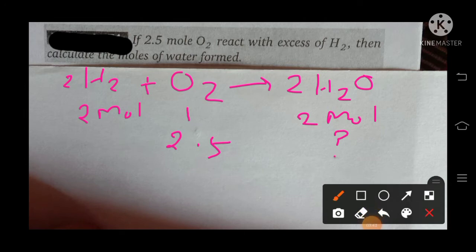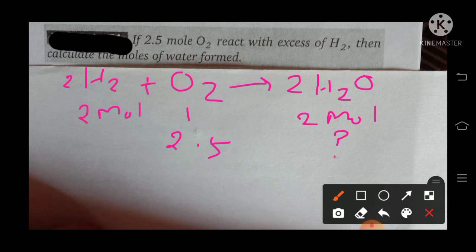Now in this question, 2.5 mole of O2 react with excess of H2, then calculate the number of moles of water molecule. The relation is 1 mole O2 gives 2 mole of H2O. It is clear from here.